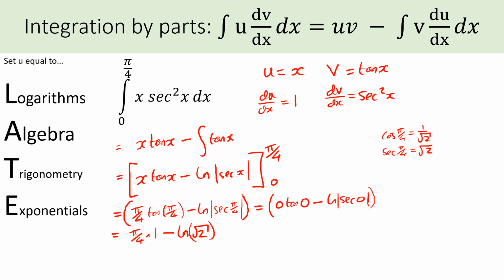And then we're going to subtract 0 times tan 0, which is 0. Take away ln of sec 0. Sec 0 is 1, because cos 0 is 1. And ln of 1 is 0. So those are both going to be essentially equal to 0. So overall, in exact form, we've got pi over 4 minus ln of root 2. So, integration by parts, give it a go.